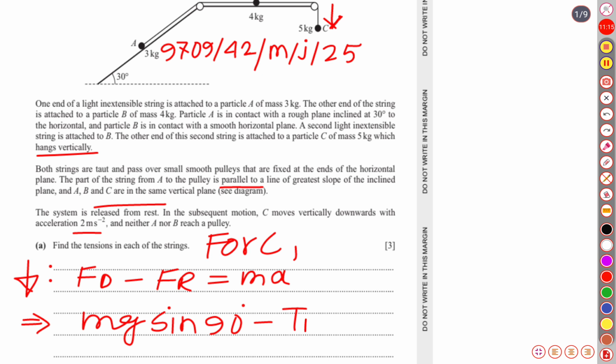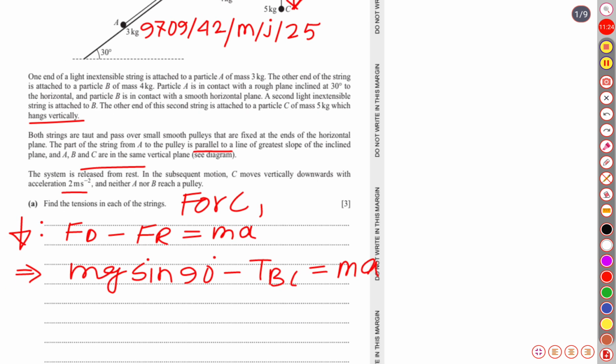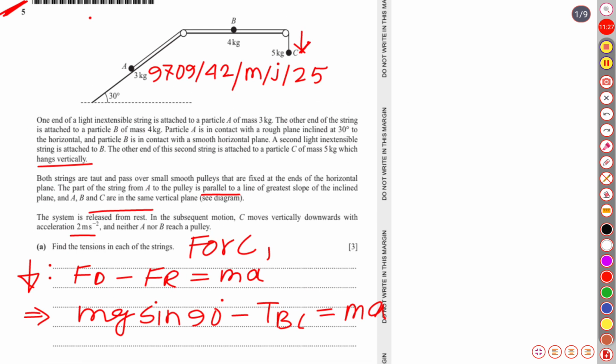Tension in BC. Here there is a little twist. Mass into acceleration. You may think that both the strings are connected to C, so there should be tension in BC as well as tension in AB. There is a misconception in this case. Some students may get confused. Look, string AB is connected to BC, so the resultant force is acting on BC.